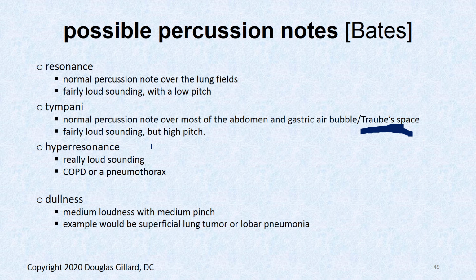Sometimes there's a hyperresonant sound where it sounds ridiculous, like you're really beating a drum. And patients with emphysema tend to have that. Pneumothorax, I'm not sure I understand that one that well, but definitely COPD. You can be hyperresonant. Dullness, we already know, the cardiac dullness, the liver dullness. Over the scapula, that's dull.